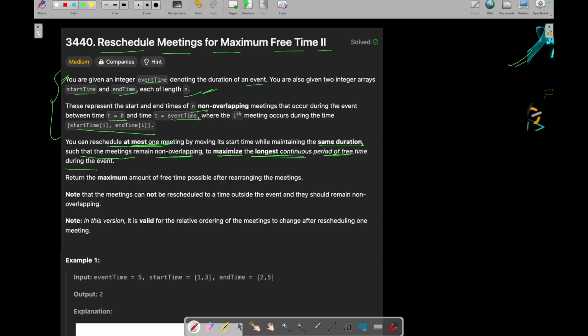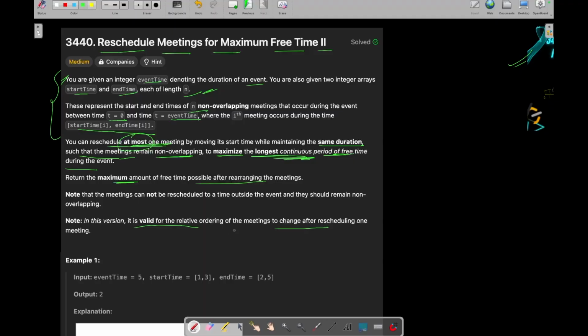In the previous question also we were asked for the longest continuous period of free time when we can move at most k meetings, but here we can move at most one meeting only. And we need to return the maximum amount of free time possible after rearranging the meetings. But here it is valid for the relative order of the meetings to change after rescheduling one meeting.